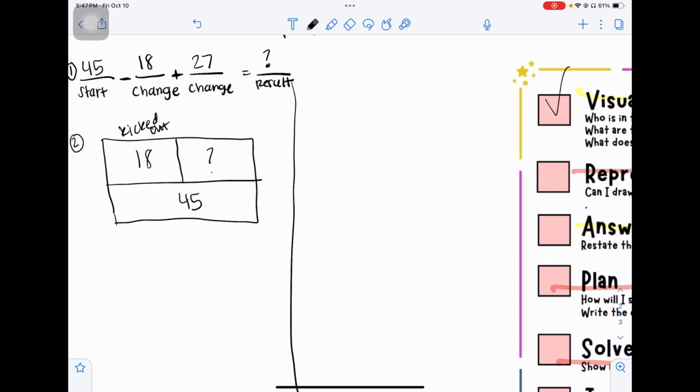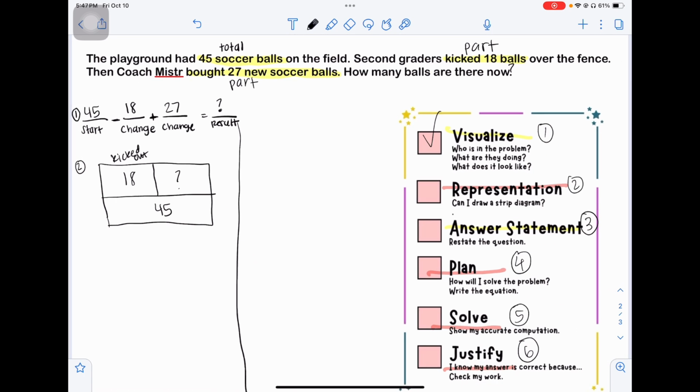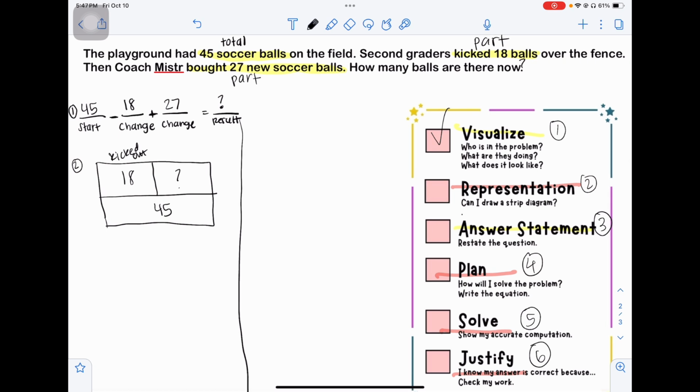That's going to go in our whole part of it. So that's going to be total soccer balls. Because we're trying to subtract. So we are trying to find out how many are left after 18 were kicked out. So we would do 45 minus 18.